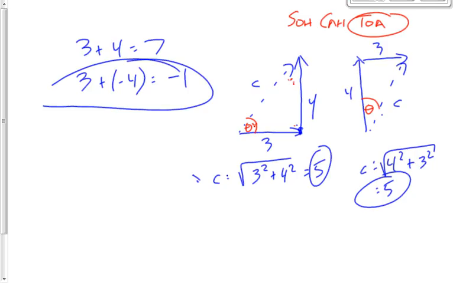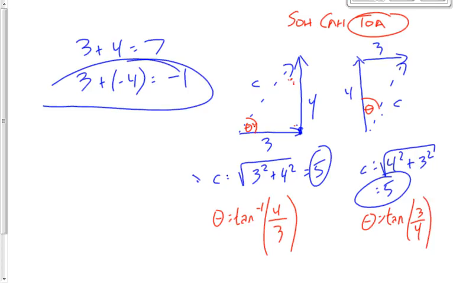Let's use TOA. Let's use tan, or because we're looking for the angle, let's use the inverse tan, or the second function tan of 4 over 3. This one would be the inverse tan of 3 over 4. We do that, we get 53 degrees right here. If we do this one, by the way, we're going to get 37 degrees, right?